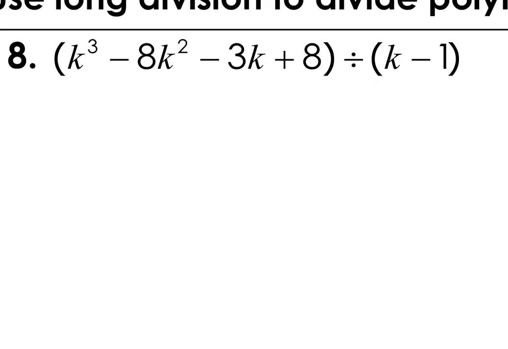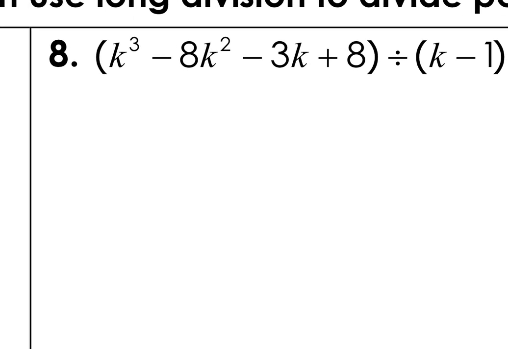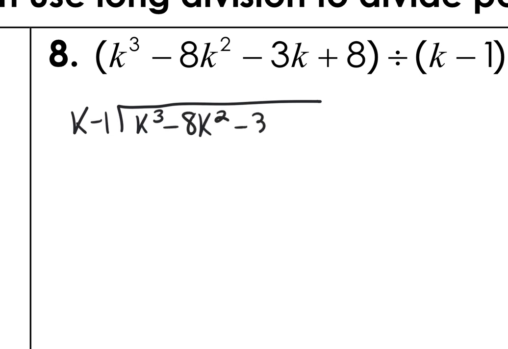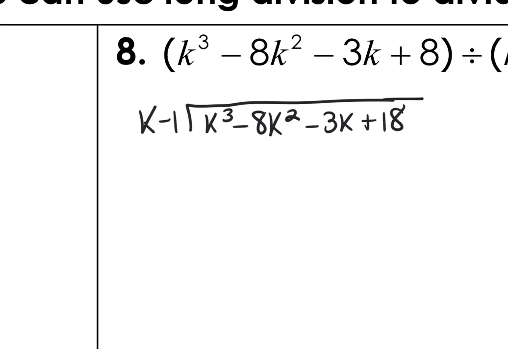Remember, we're doing long division because not everything can be factored. So let's set it up in the long division outline way. I'm going to have k minus 1 inside k cubed minus 8k squared minus 3k plus 18.